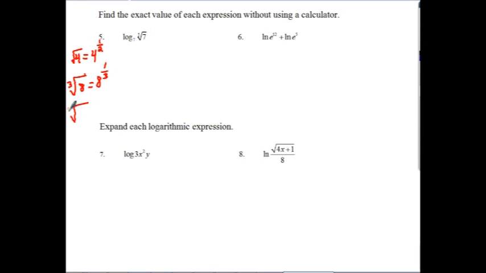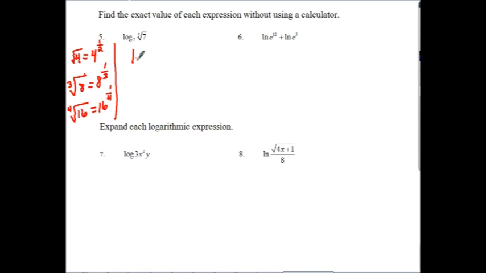If I want to do the 4th root of 16, that would be 16 to the 1/4 power. What that means is, and all these equal 2, by the way, because 2 times 2 times 2 times 2 is 16, so the 4th root of 16 is 2. But you can write it as just the fractional exponent. Okay, so coming up to this one now, let me draw a line here.